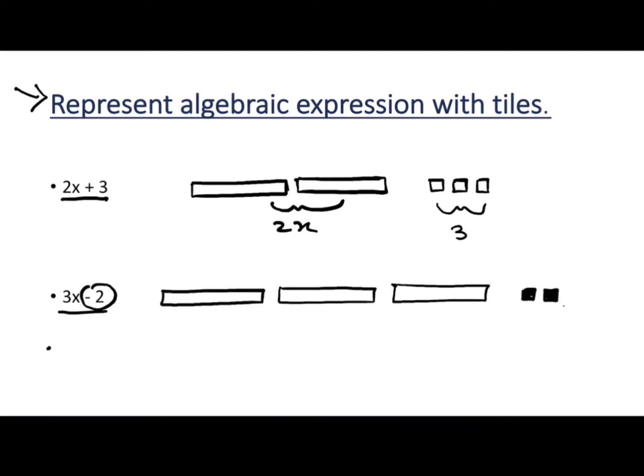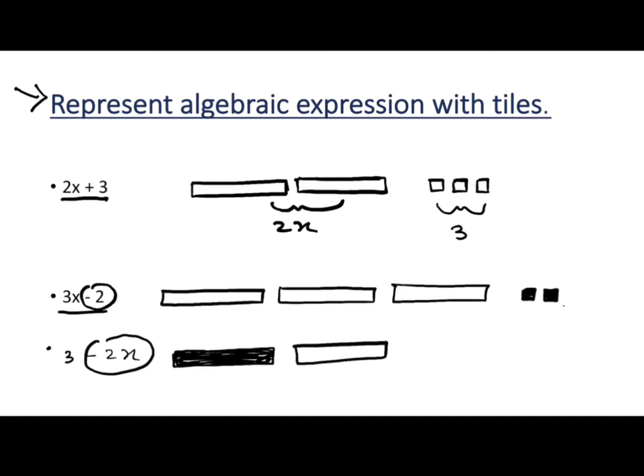Another, if we have positive 3 minus 2x, in this case you have negative 2x, so in the term we have negative, so we will have darker tiles, so negative 2, so this will represent our negative 2x.